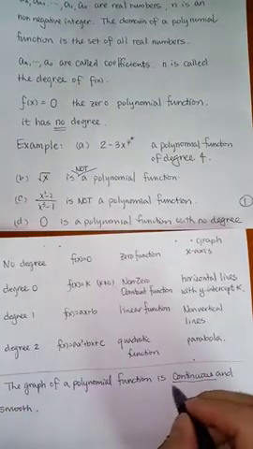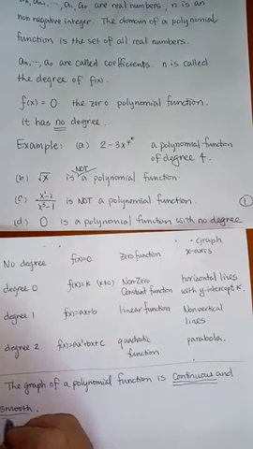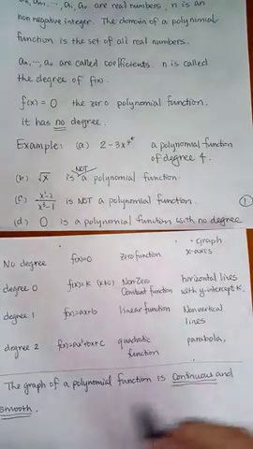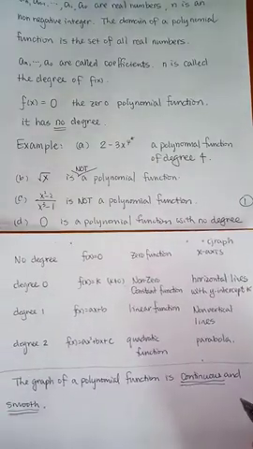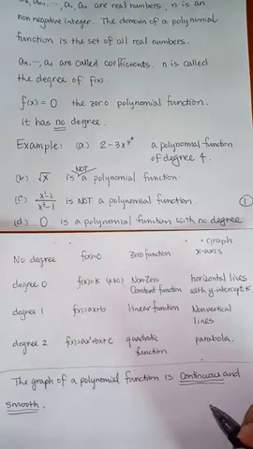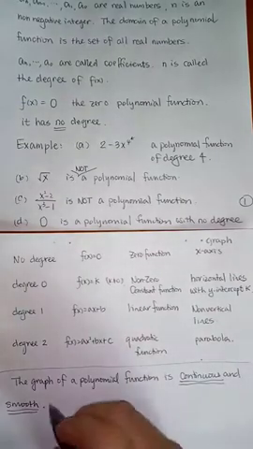Here we have two technical words, continuous and smooth. We cannot define continuous and smooth as mathematical concepts so far, but we just explain the idea.